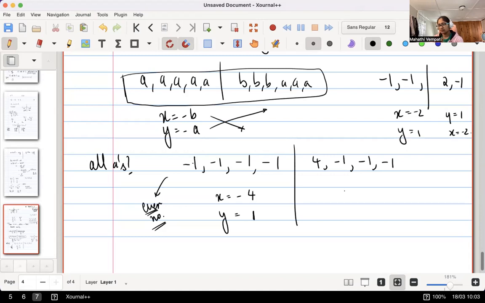So you just need to test these two arrays.